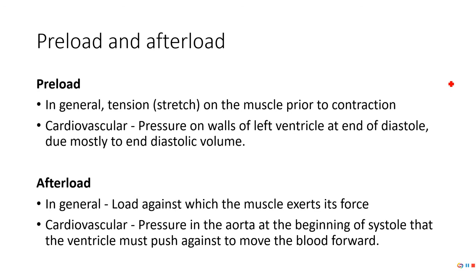In the cardiovascular system, that's the pressure in the aorta. The ventricle has to generate enough pressure such that it exceeds aortic pressure, and we can open up that semilunar valve. Okay, as long as the pressure in the ventricle is greater than the pressure in the aorta, the valve is open and blood is ejected out of the heart. And so that is a basic overview of preload and afterload.